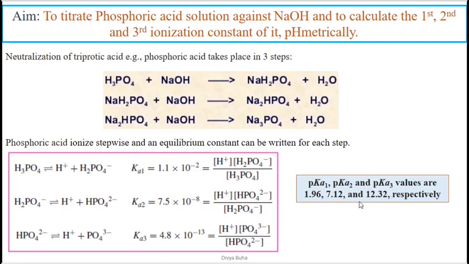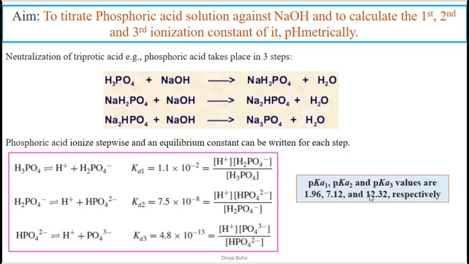It is said that if the individual pKa values are separated by 3 units or more, then the system would be considered a simple mixture of 3 weak acids of equal concentration that largely do not interact with each other. Here also you can see that the pKa1, pKa2 and pKa3 values are separated by 3 units, right? The difference is quite large.